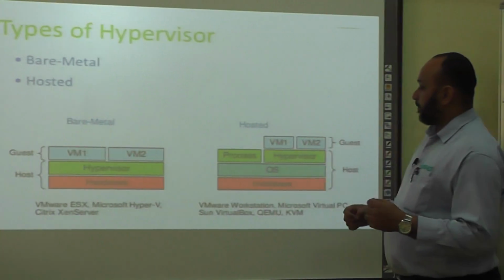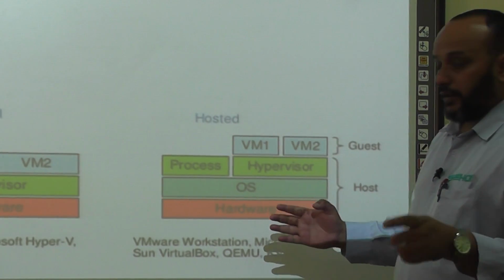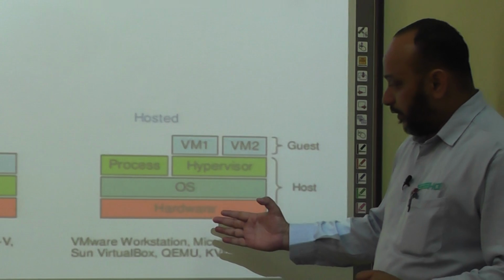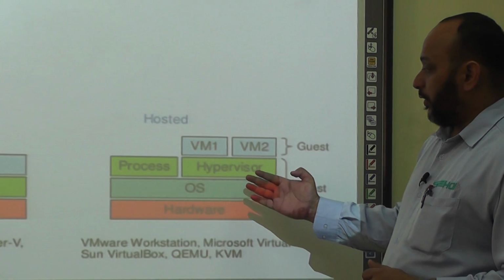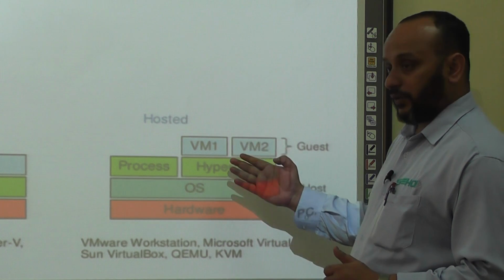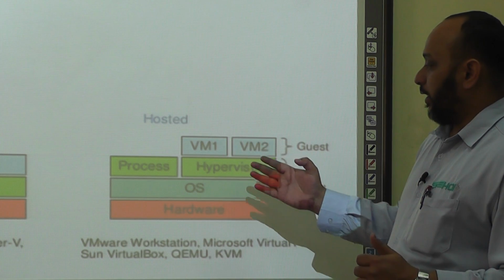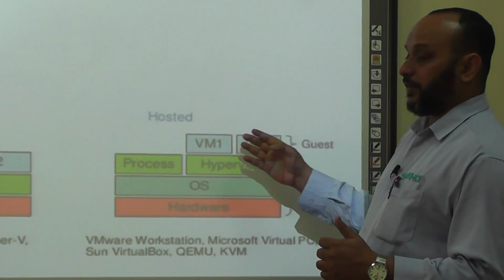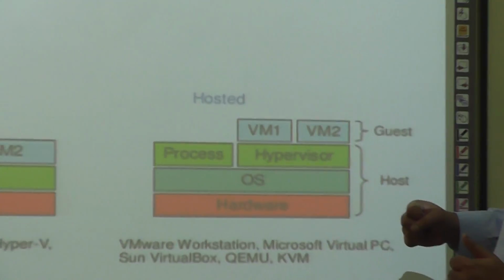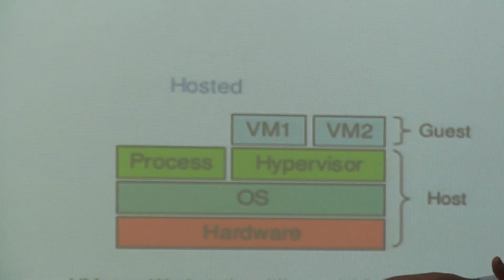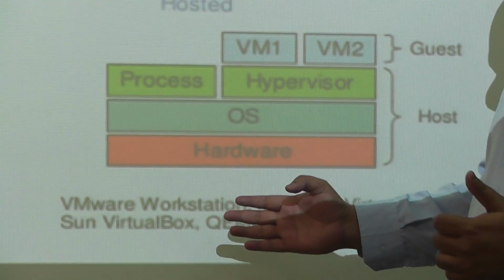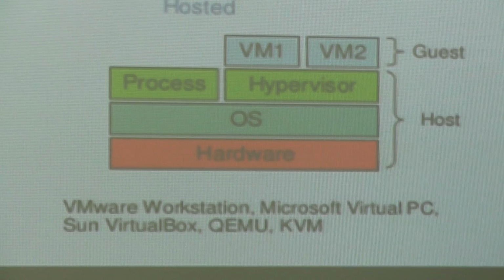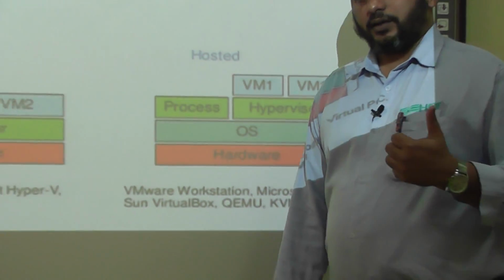Then the hosted hypervisor, as I said before: first is hardware, then you install an operating system. On the operating system you install a hypervisor, and then on that hypervisor you install virtual machines. For that there are vendors: VMware Workstation, Microsoft Virtual PC, Sun VirtualBox, Oracle, even Citrix also.